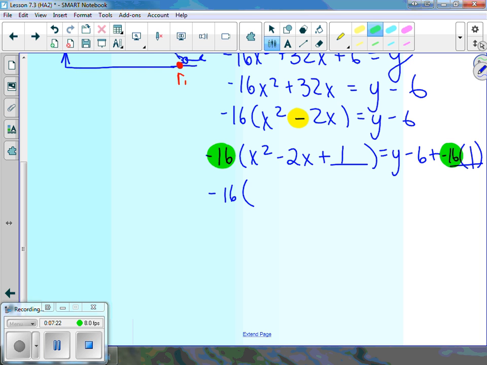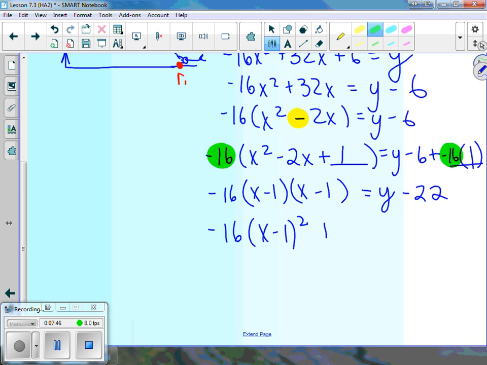Negative 16, set up your perfect square trinomial, factor it, x minus 1 equals, and then we'll do a little bit of math over here to figure out what negative 6 plus negative 16 is. Negative 22. Bring it together, and negative 16, x minus 1 squared, plus 22 equals y is your vertex form.